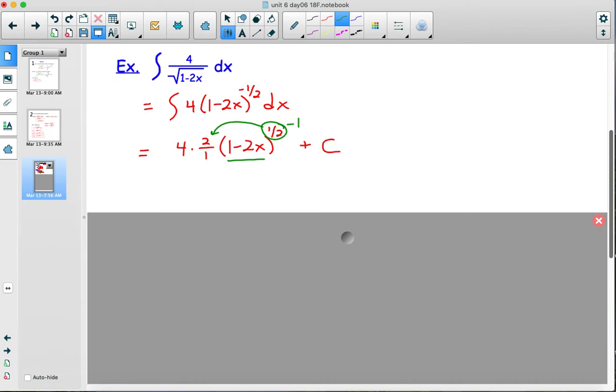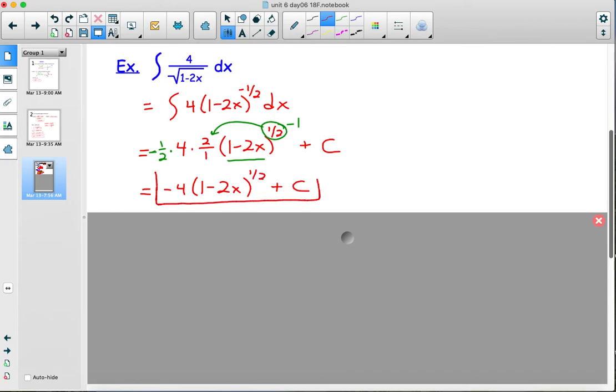So that means that I'm going to need to offset that negative 2 from the chain rule by multiplying by a negative 1/2 as well. Alright, so final answer, we're going to have a negative 4 times 1 minus 2x to the 1/2 power plus c.